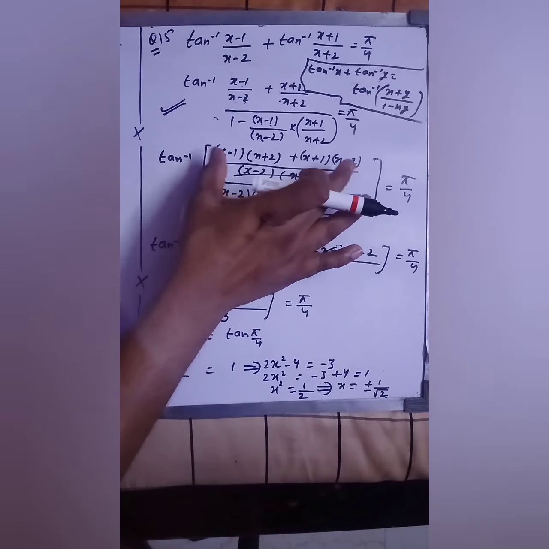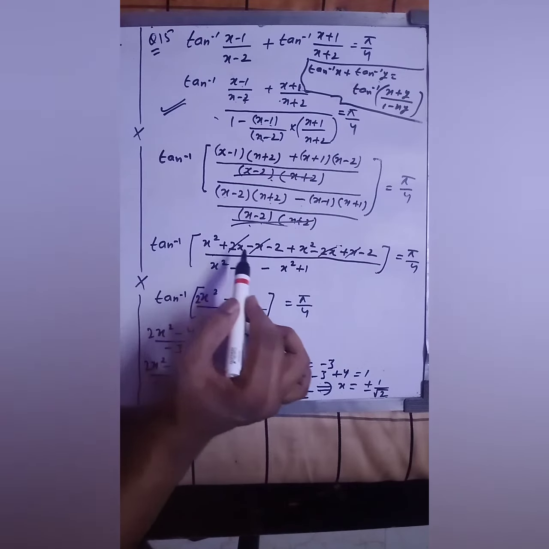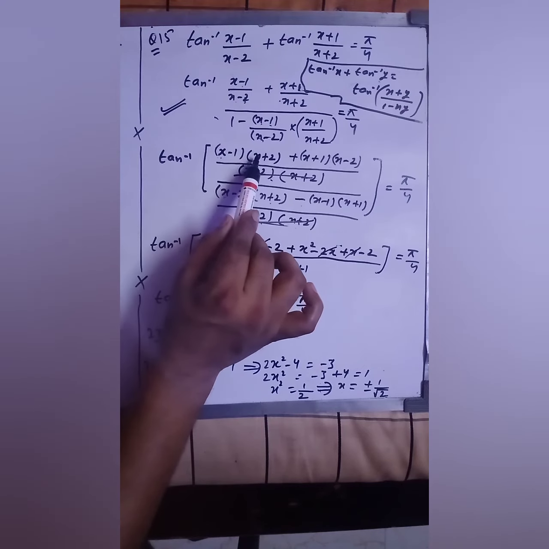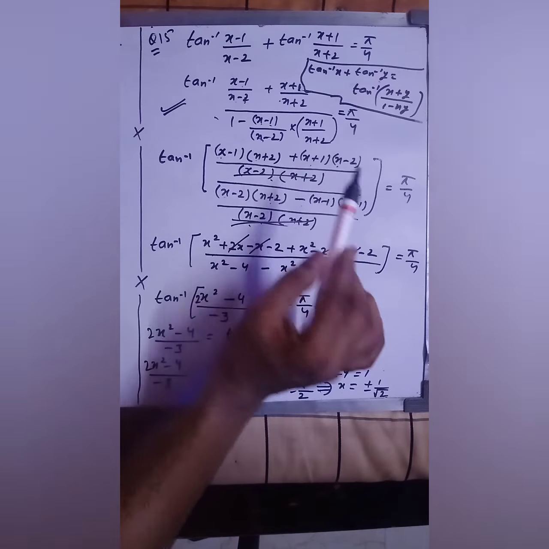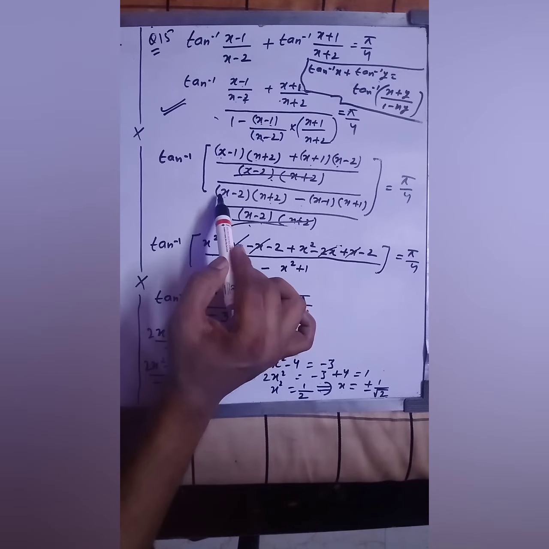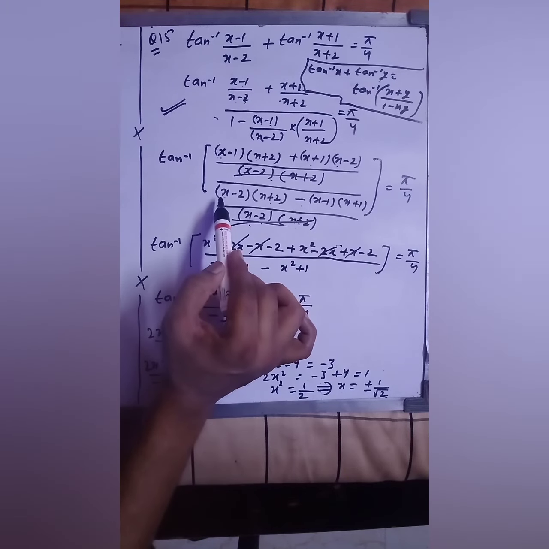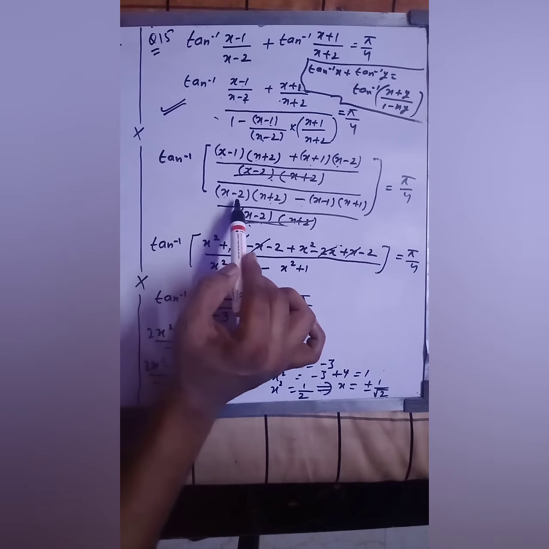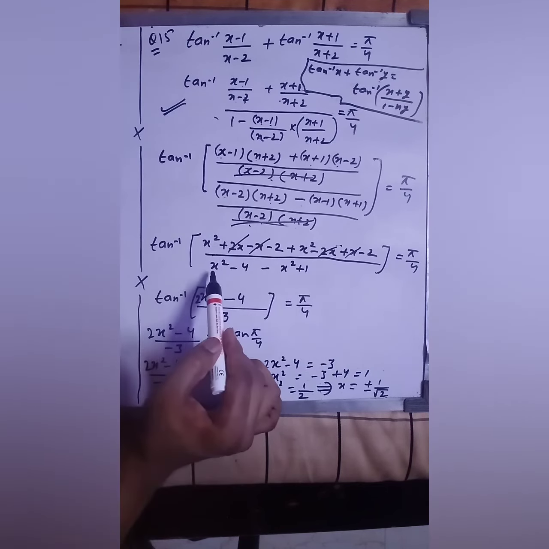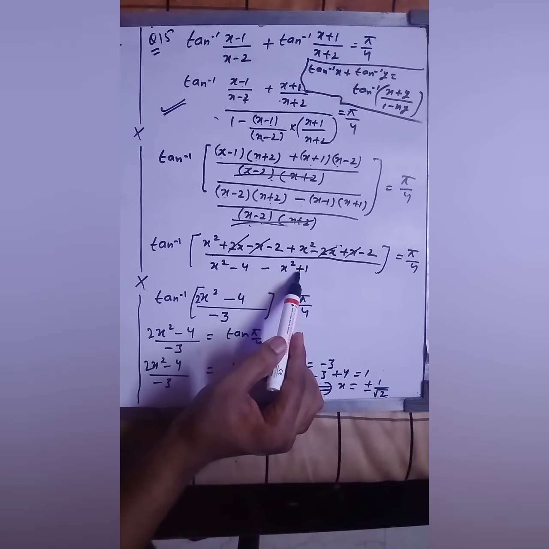In the numerator you have to multiply, and after multiplication you will get this whole step. Similarly in the denominator you have to apply the formula of a minus b and a plus b, that is the formula of a square minus b square. So I am applying the formula in the denominator.